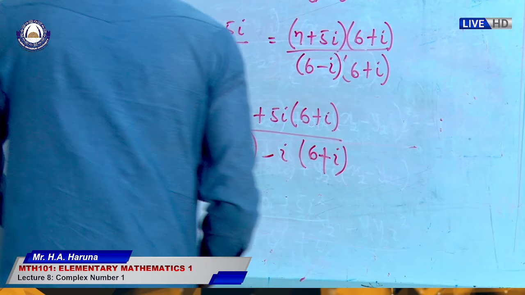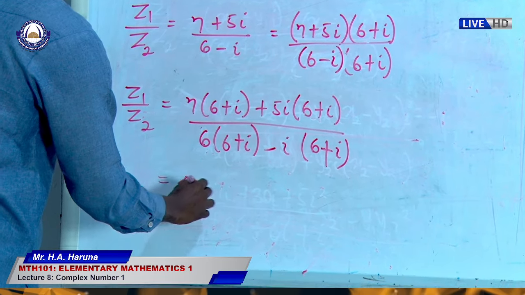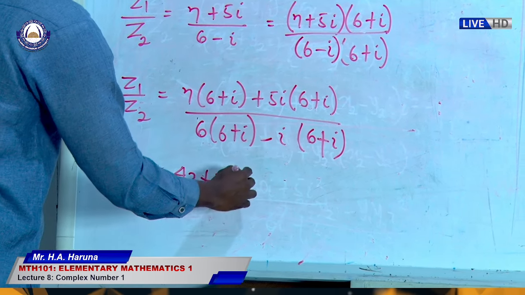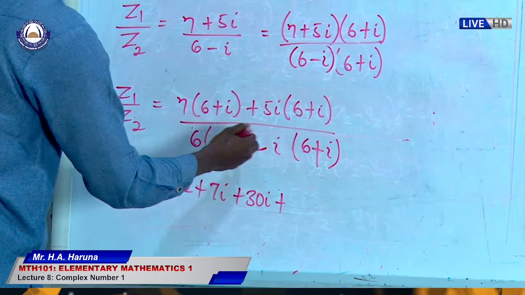So that distribution you must always observe and watch. So 7 times 6 is 42. Then 7 times i is 7i. Also plus 30i. Much will not change from our solution though, but because of that negative.